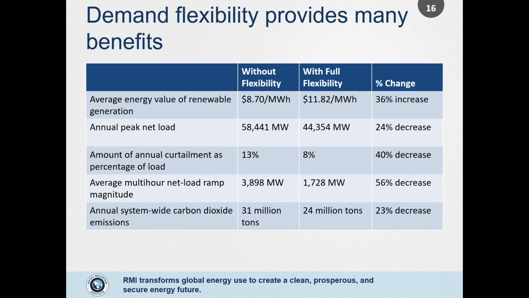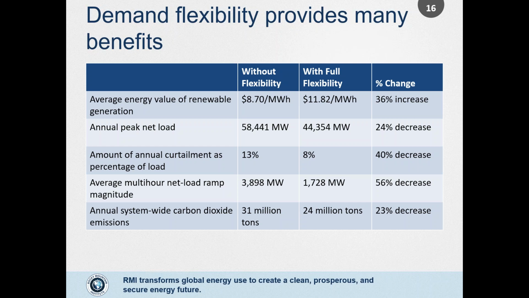So here are our calculated benefits from using demand flexibility. And so this is using that new net load curve presented on the previous slide. And again, this new net load is the result of shifting demand from times of high net load to times of high renewable availability.